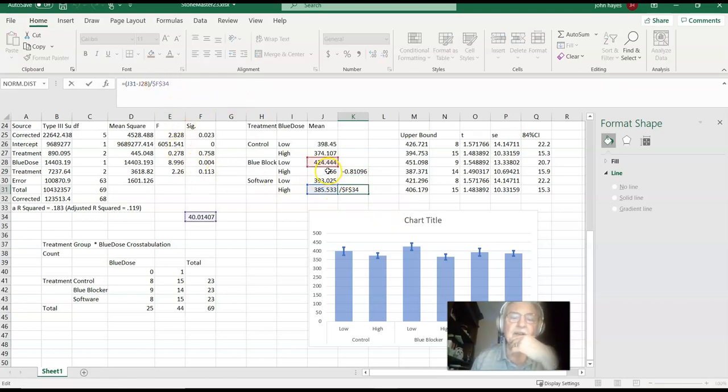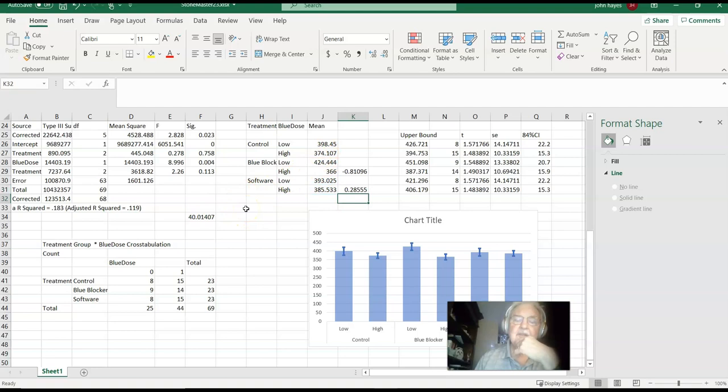This is looking at blue blocker low, but we want to look at high. And this is comparing software high to blue blocking, dividing by that. So the software to control is only 0.28. So that's how we would compute effect size.